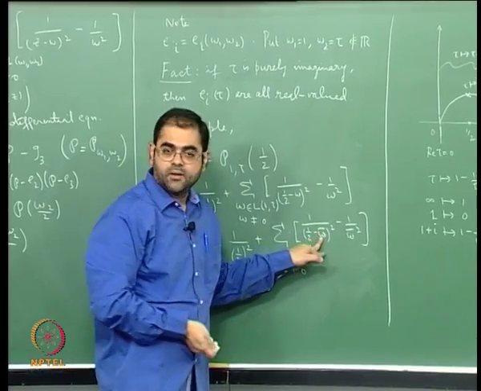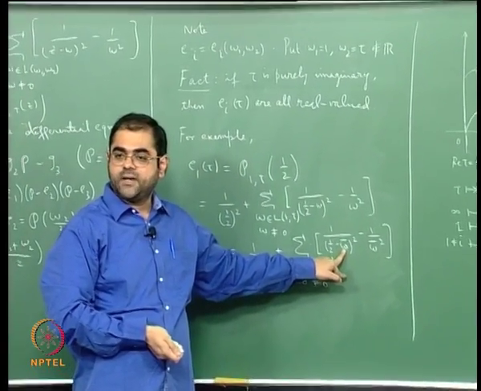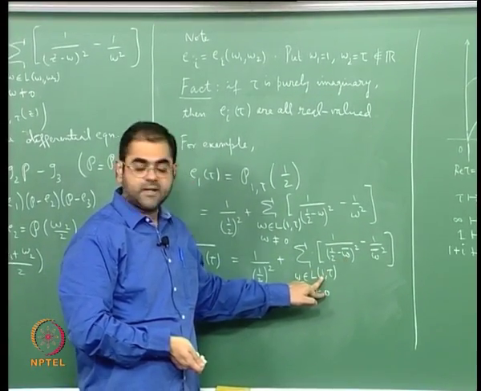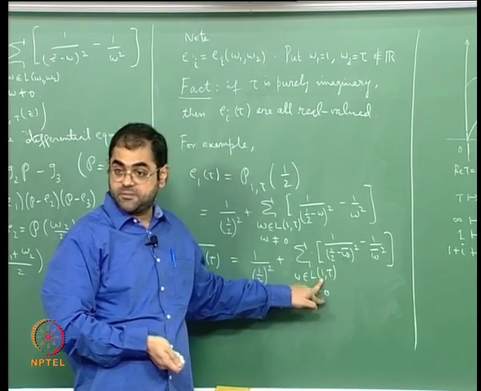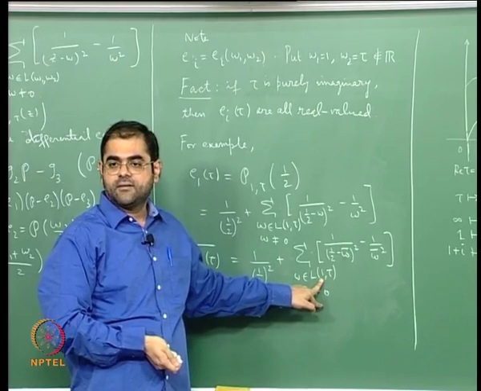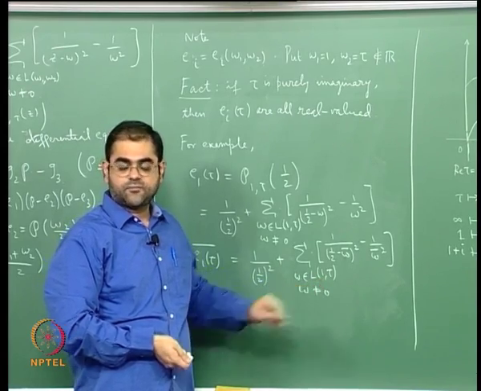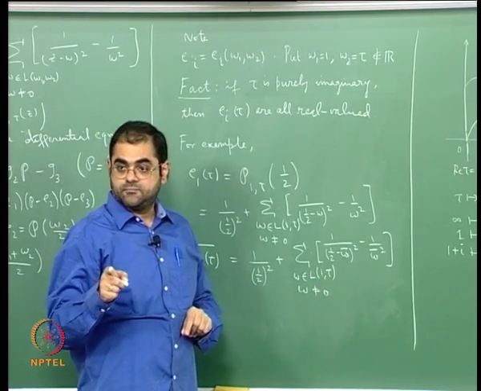Because you see, omega will be an element of the form n plus m tau, therefore omega bar will be an element of the form n plus m tau bar.